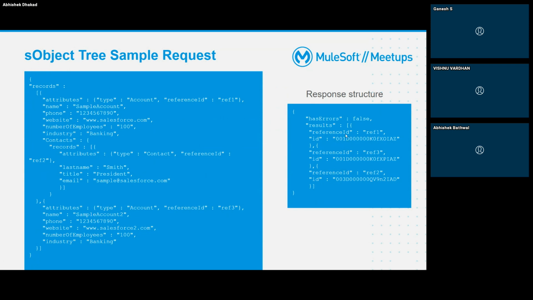So first all the accounts will be created. If there is no error, then first all the accounts like reference 1, reference 3 will be created. After that, with reference 1, a contact will be created which is reference 2. So that's why we are getting the response like this: reference 1, reference 3, reference 2. I hope it is clear.